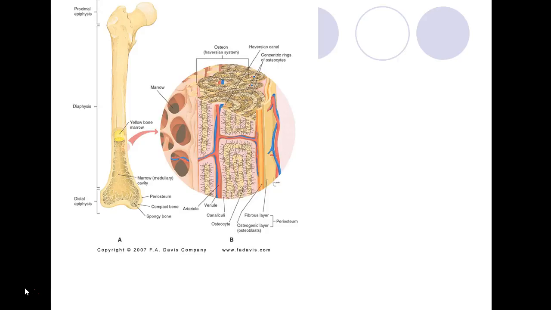And we can see the main Haversian canal through the center with the blood vessels, and then there are, like I said, little ones that go out, canaliculi, so that blood and the good things that it brings can go to the bone cell, and it can pick up the waste products of the bone cells. And this is looking at a long bone, which we'll be talking about shortly when we talk about classifications. The long bone has fat ends called epiphysis, or epiphyses for plural, and then it has a long shaft in the center, which is called the diaphysis.